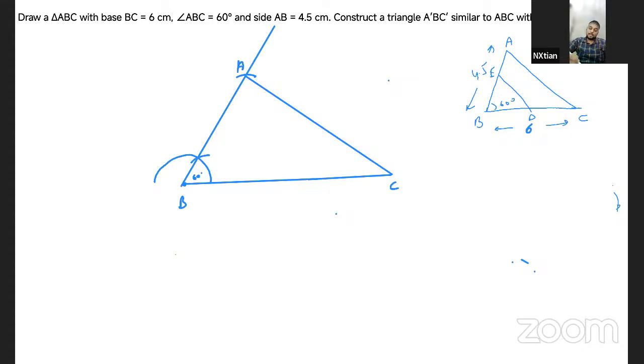Now make an acute angle at B. Any measurement you can take. Just draw a line and then quickly do this.